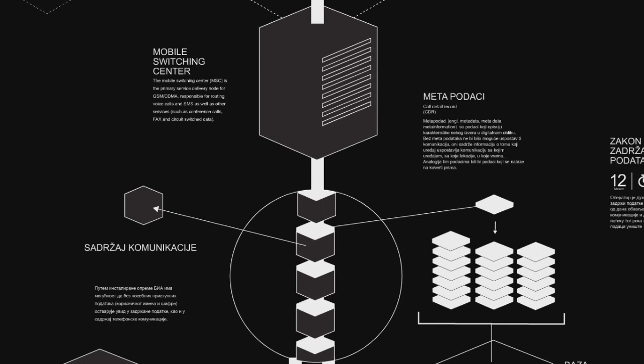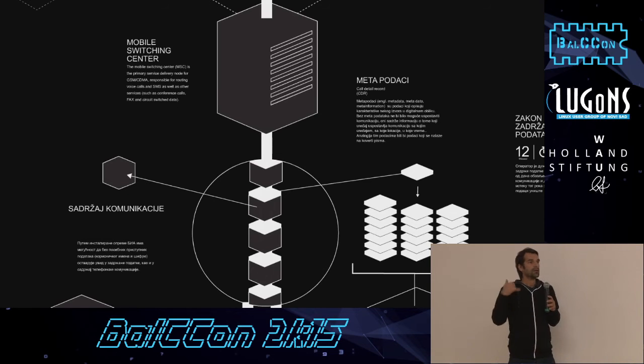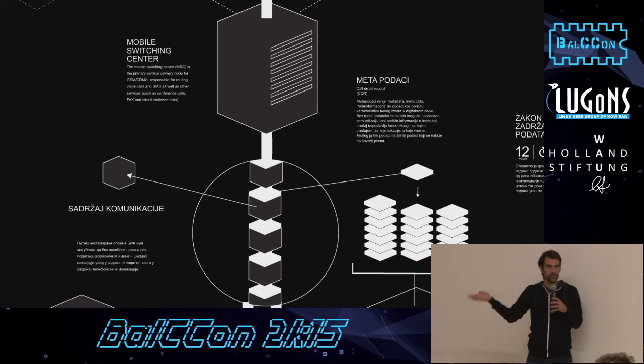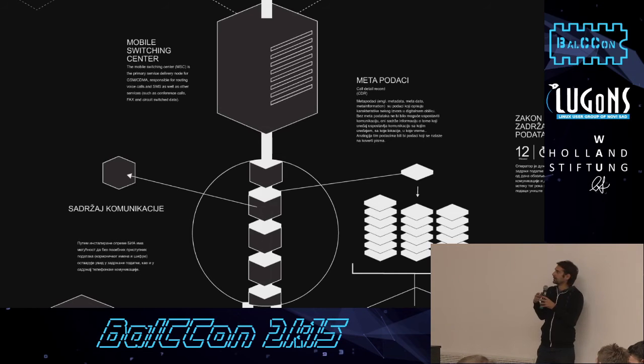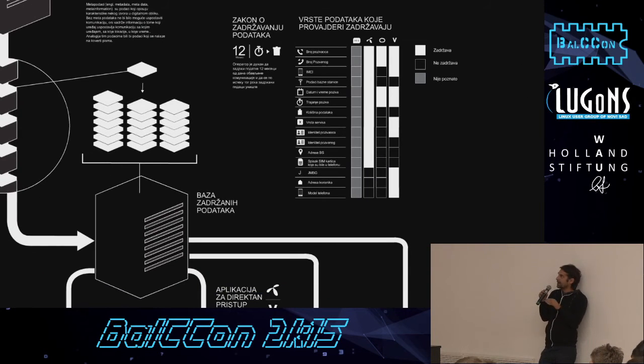Every call, every data packet has a content, and on the top has a header. All of these headers, and headers means who you're calling, for how long, from which base station, and so on, is collected, copied to some kind of database of metadata.